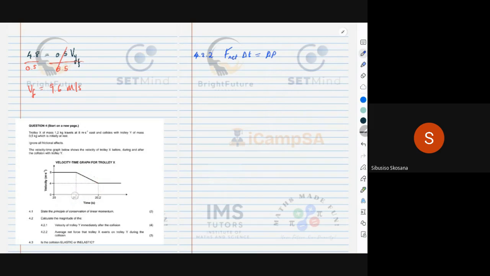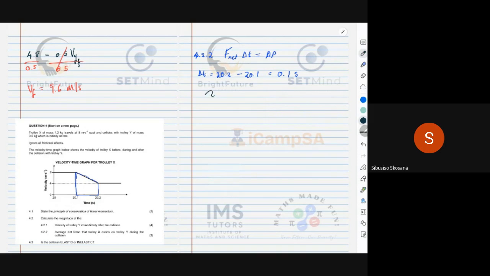So for your delta t, you're going to have 20.2 minus 20.1, and you should get 0.1 seconds. This is your time. This is when the collision happens. Remember, this time here is the time of contact, so it's when the collision had happened, right?